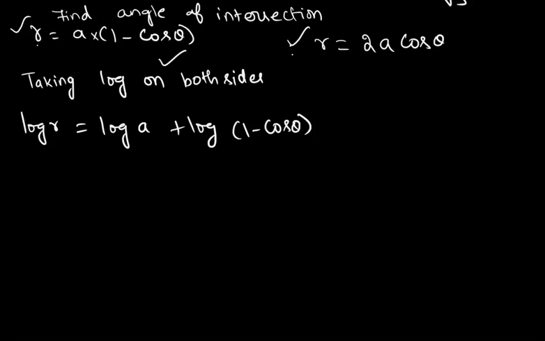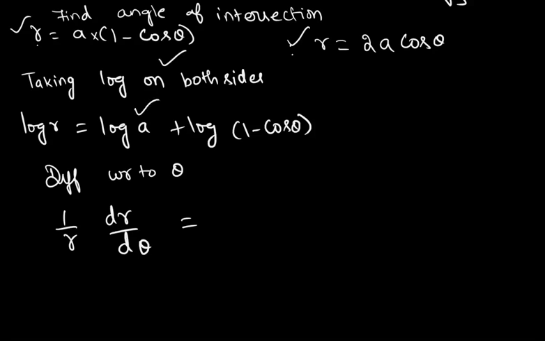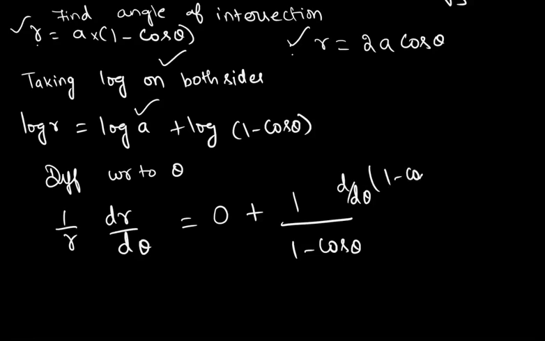And what is step 2? Differentiate with respect to theta. Log r differentiation is 1 by r dr by d theta, and log a is just a constant. Differentiation of this is 0, and log of something means 1 by that something into differentiation of that something.